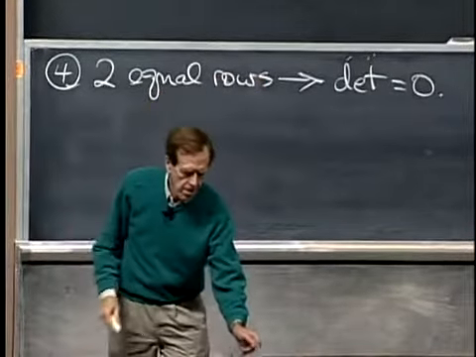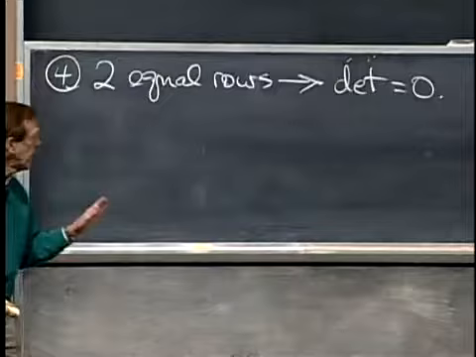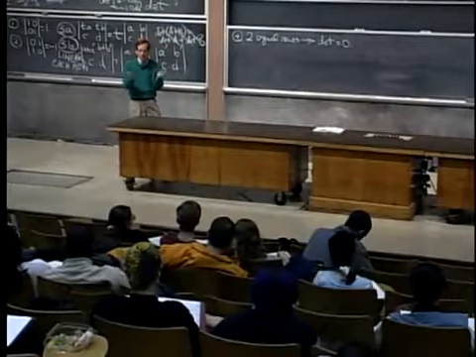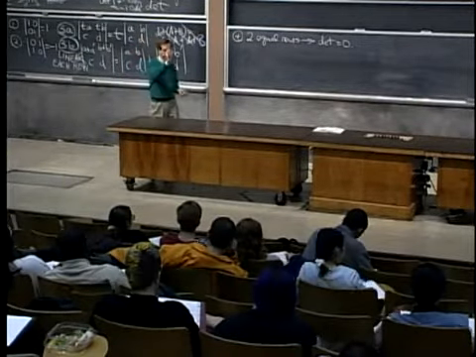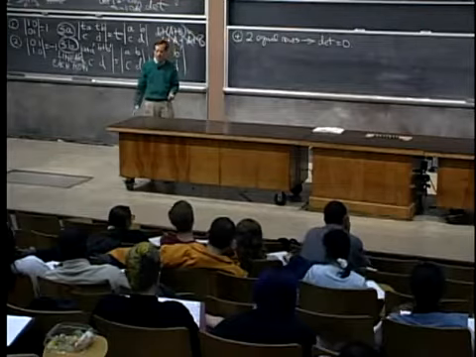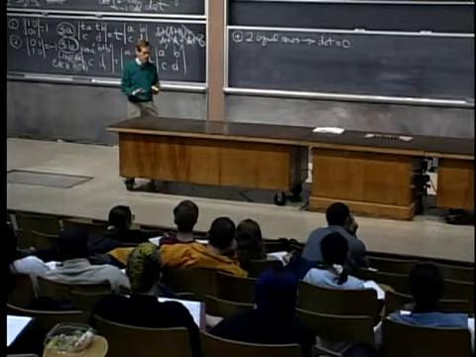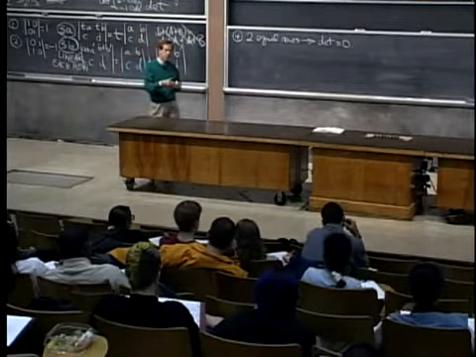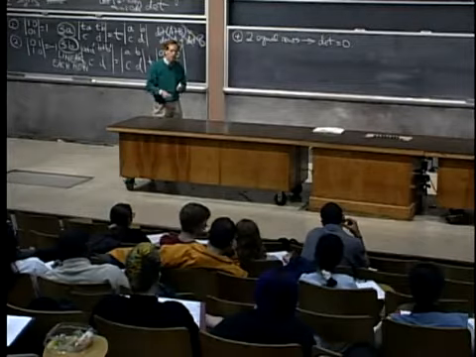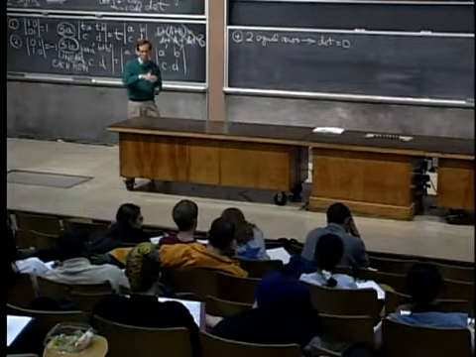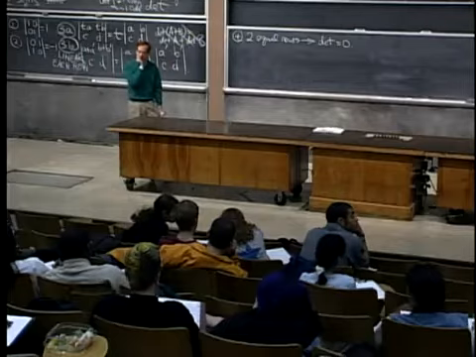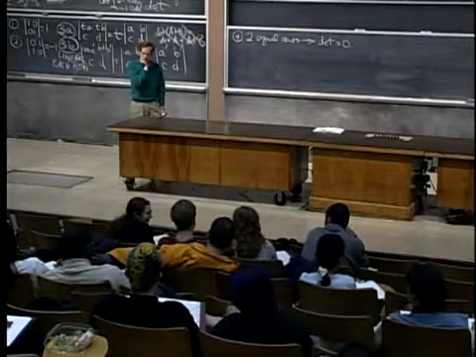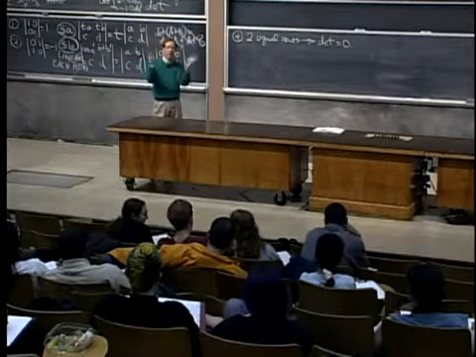Now, of course, in the 2 by 2 case, I can check, sure, the determinant comes out 0. But I want to see why it's true for n by n. Suppose row 1 equals row 3 for a 7 by 7 matrix. So 2 rows are the same in a big matrix.